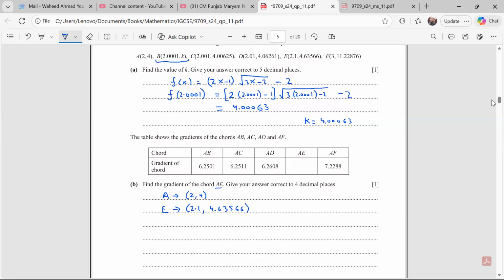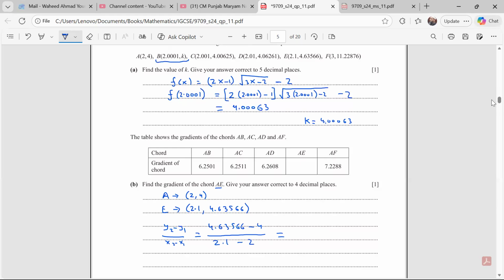And remember the slope or the gradient is y2 minus y1 over x2 minus x1, or rise over run. So the rise is from 4 to 4 point this number. So I subtract 4.63566 minus 4 divided by x2 minus x1, so this is 2.1 minus 2.